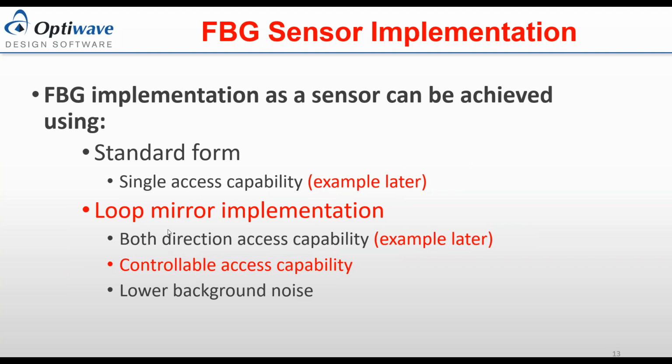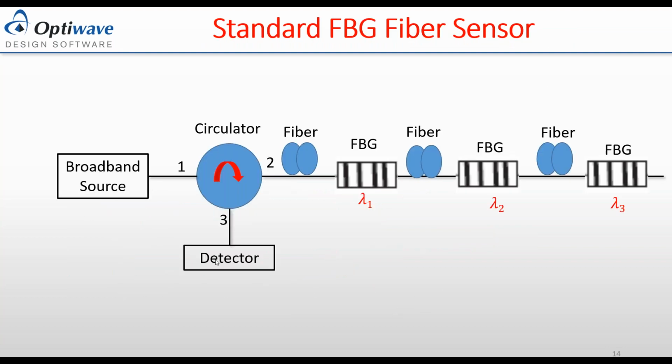This means that when the light is interfering at the coupler when it goes through the loop, half of the noise is going to go to one terminal and the other half of the noise is going to go to the other. So the noise would be lower by 3 dB every time you have output on either arm, and it is improving the signal to noise ratio of your system.